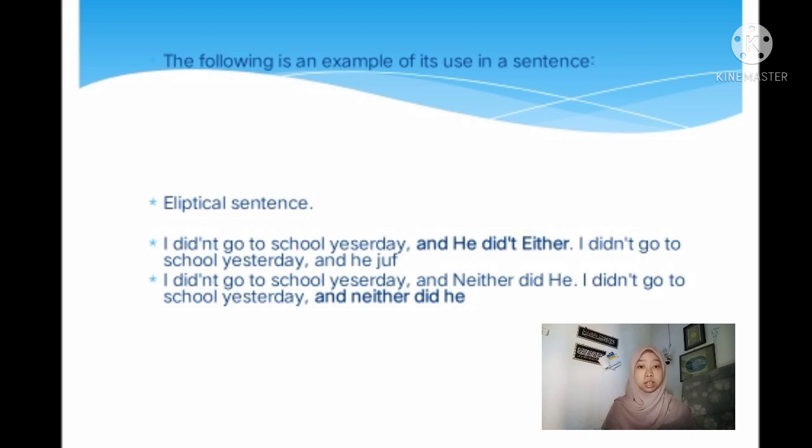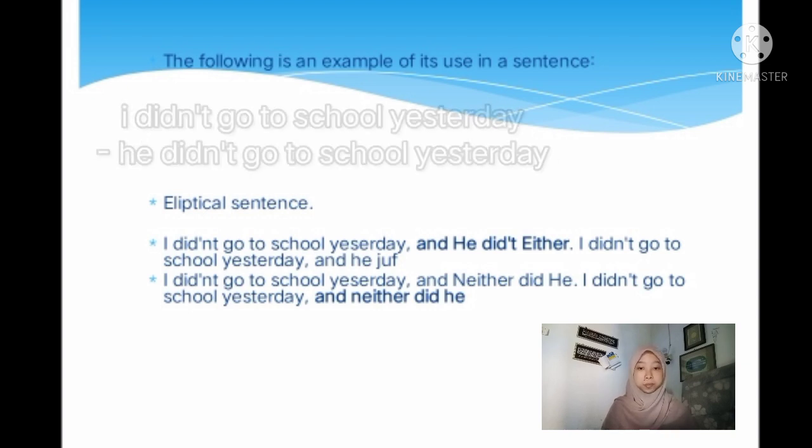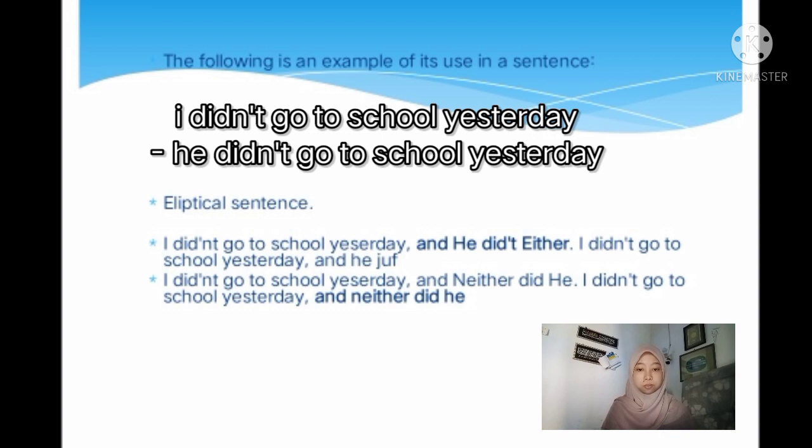The following is an example of its use in a sentence. Elliptical sentence. I didn't go to school yesterday, and he didn't either.